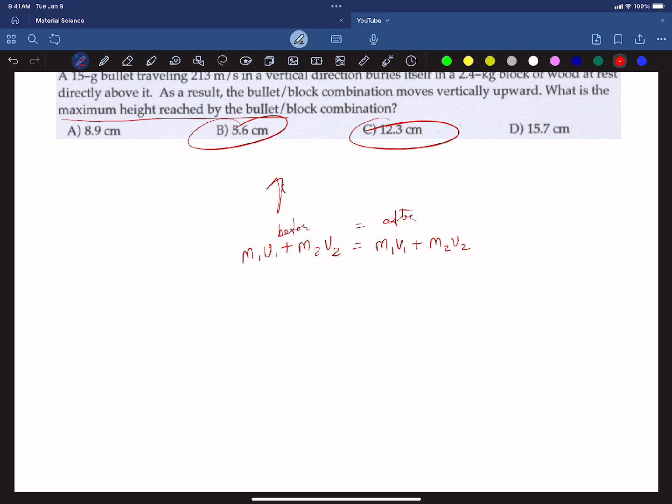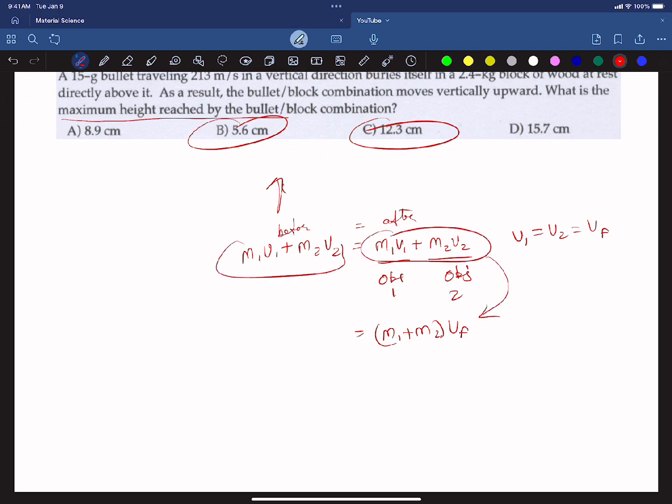Now after the collision, both object 1 and object 2 combined, so our v2 and v1 will become the same, which is vf. So m1 plus m2 times vf. So this whole equation becomes this.